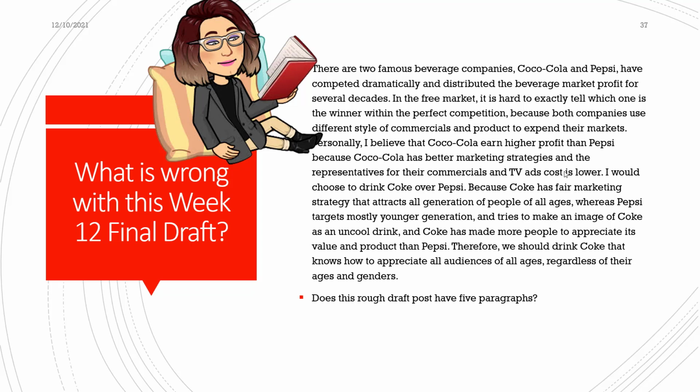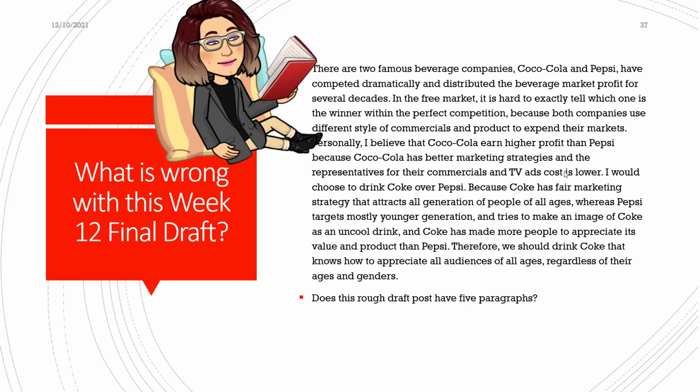Personally, I believe that Coca-Cola earns higher profit than Pepsi because Coca-Cola has better marketing strategies and the representatives for their commercials and TV ads is lower. I would choose to drink Coke over Pepsi because Coke has fair marketing strategy that attracts all generations of people, whereas Pepsi targets mostly younger generation. Therefore, we should drink Coke that knows how to appreciate all audiences.